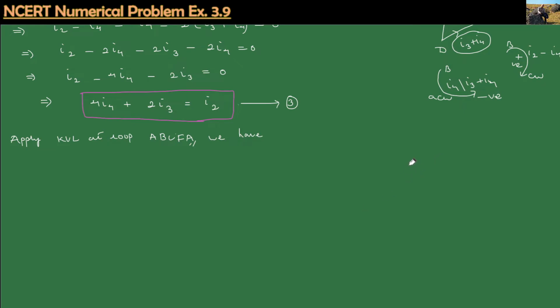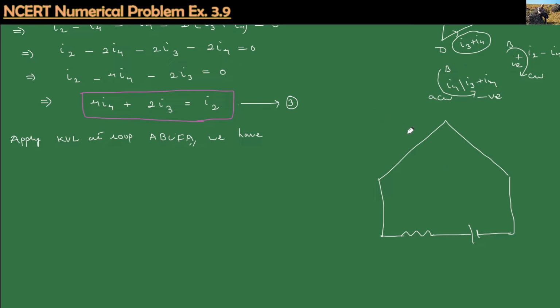When you look at that loop A, B, C, F, A, we have these resistors over here, and also we have the cell over here, and it is in that form.